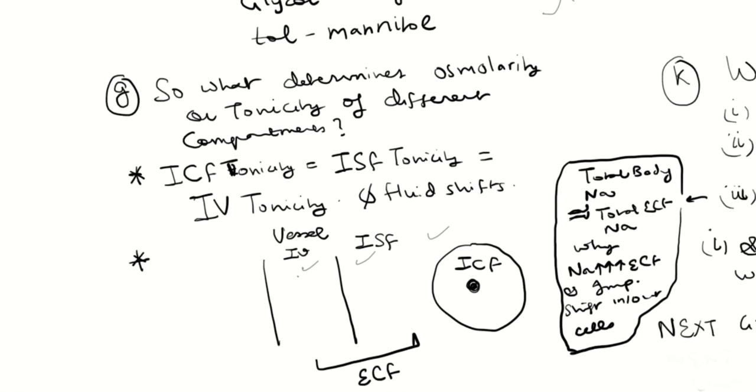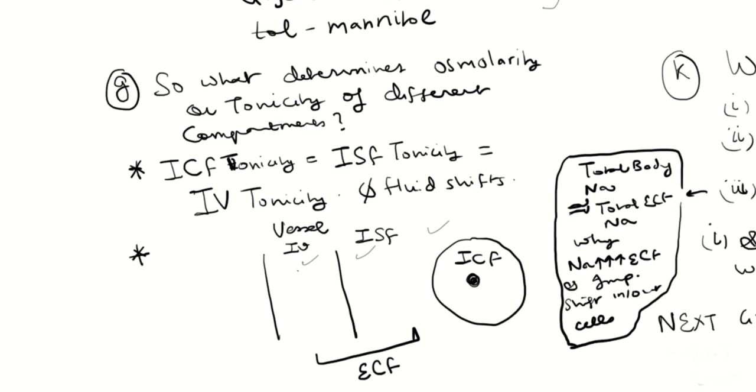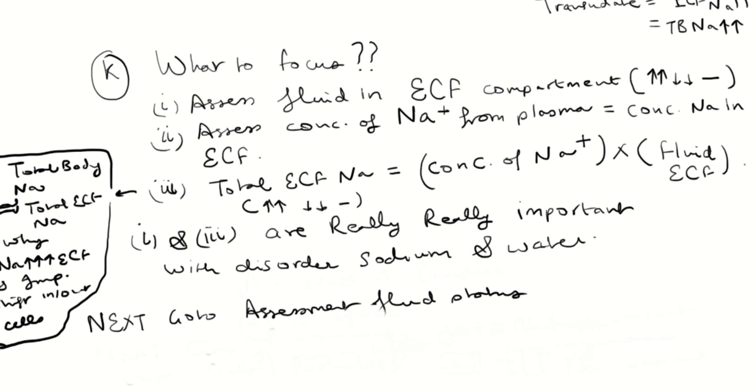So now the question becomes, what determines the tonicity in different compartments of the blood? Because in some compartments you might have more of one particle, and in another compartment you may have more of another particle. So let's talk about this and see what determines the tonicity.